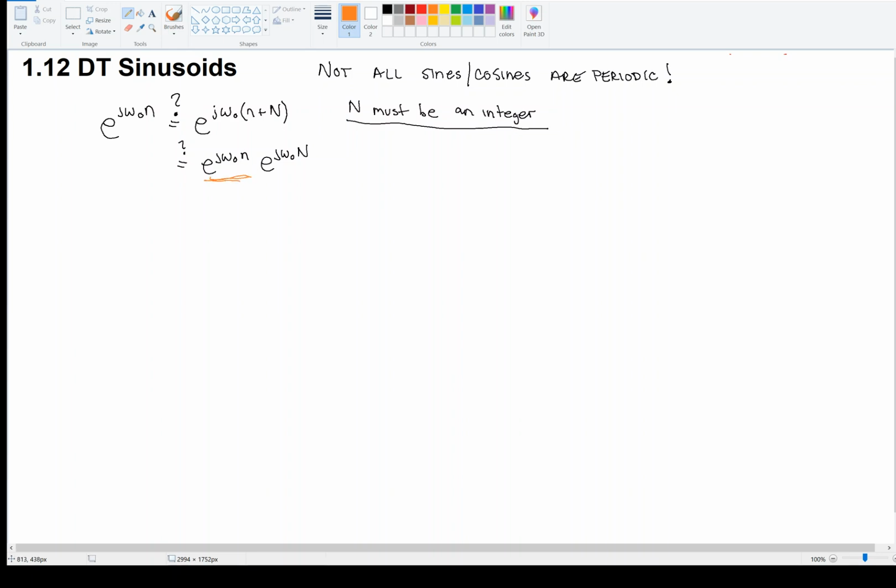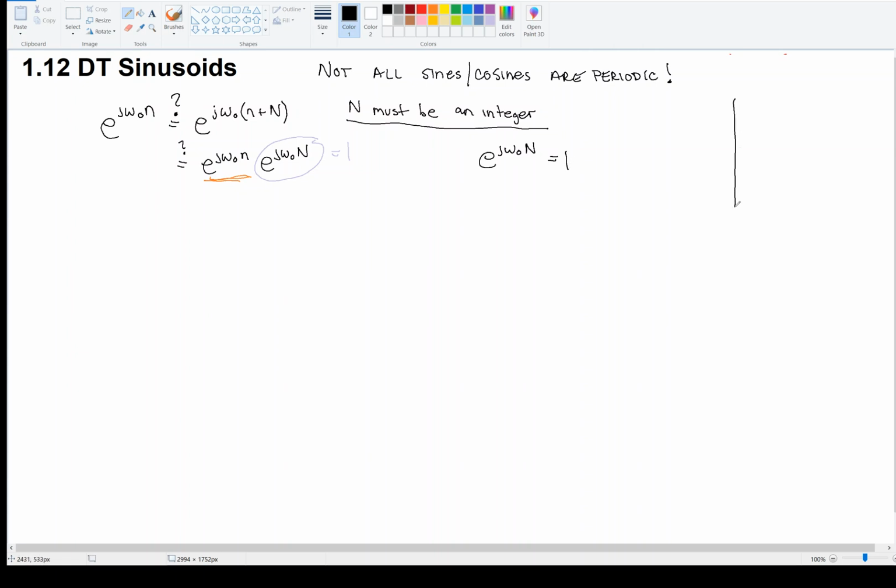So that means in order to make this thing equal, I need, again, this thing to be equal to 1. Okay, let me write that over here. I need e to the j omega 0 times some capital N, some integer, equal to 1.